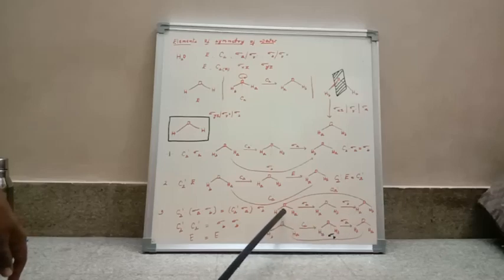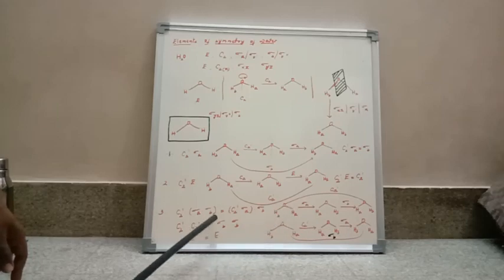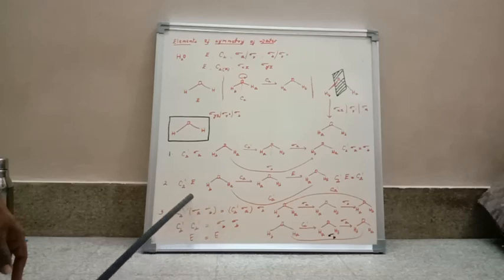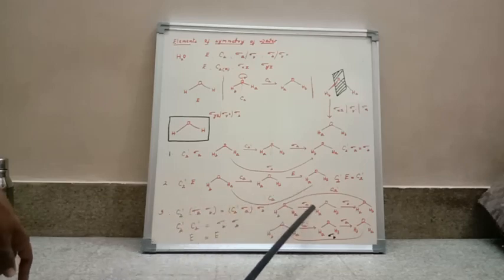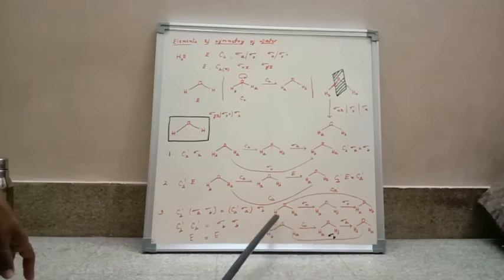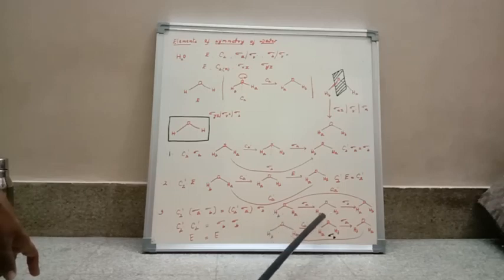That is, I will take a water molecule, and I should see this operation. First, I should see the product of sigma A into sigma B. Sigma A, if I operate, both hydrogens get interchanged, and I will end up with this configuration.